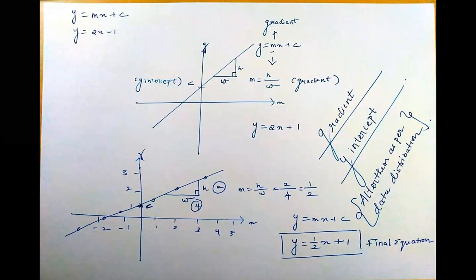For example, if height is equal to 2 and width is equal to 4, then m is 1 divided by 2, that means 0.5. So we can substitute 1 divided by 2 here. And what is c here? c is the y-intercept, the exact point where the line touches the y-axis. Here, what is that point? 1 is the point. So we will be writing 1 here.